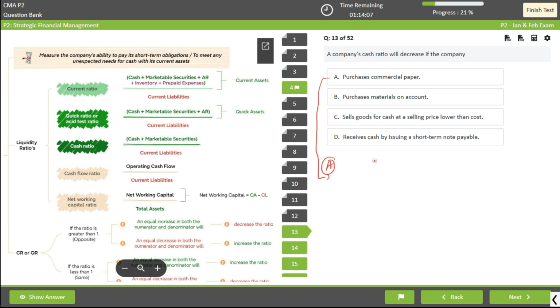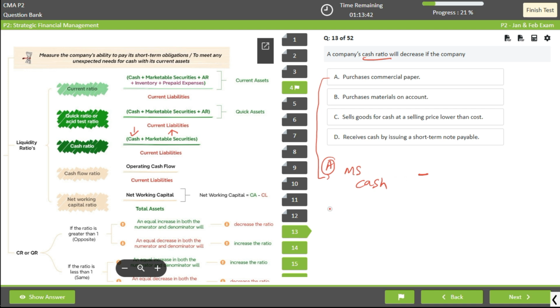When you are purchasing the commercial paper, you are going to debit your marketable securities, credit to cash. So this is cash ratio. So what happens, your cash is decreasing and your marketable securities is increasing. So there is no effect. By this we don't have any effect on the ratios.